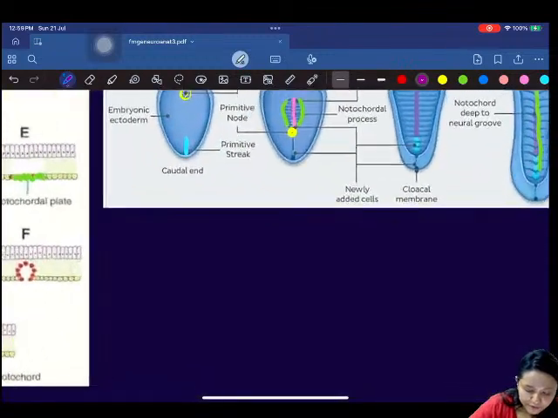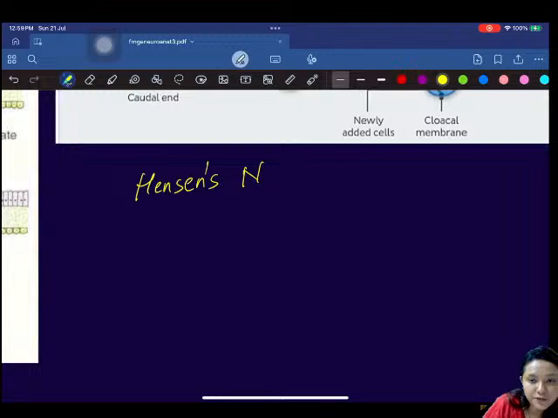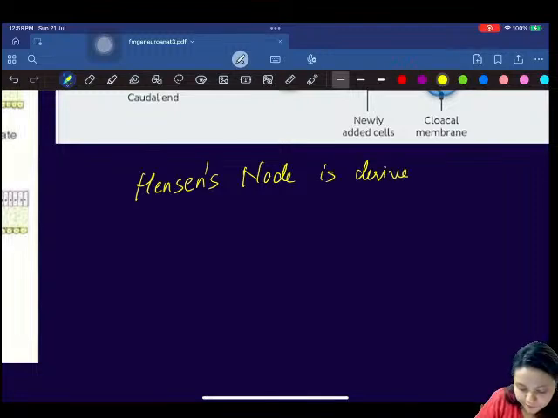Now I want to ask a question, if you can answer this. Just now we have studied Hansen's node. This came in NEET PG, so it might also get repeated in the FMGE as well. Hansen's node is derived from?